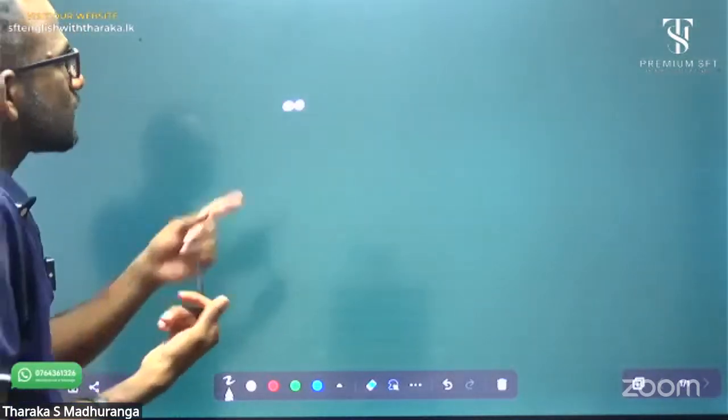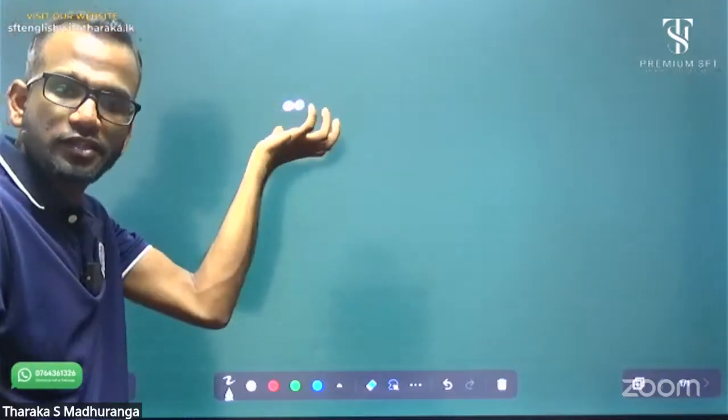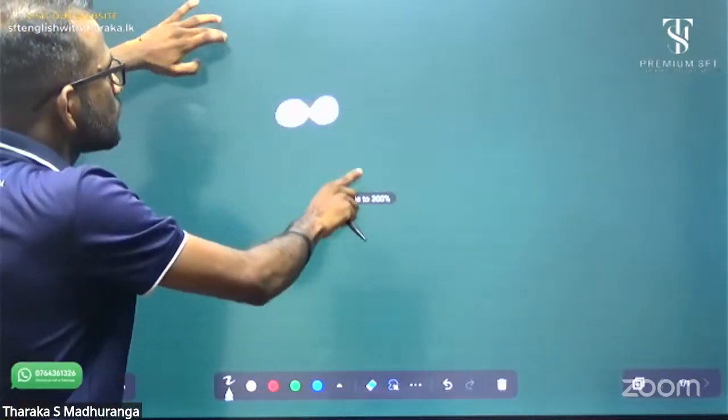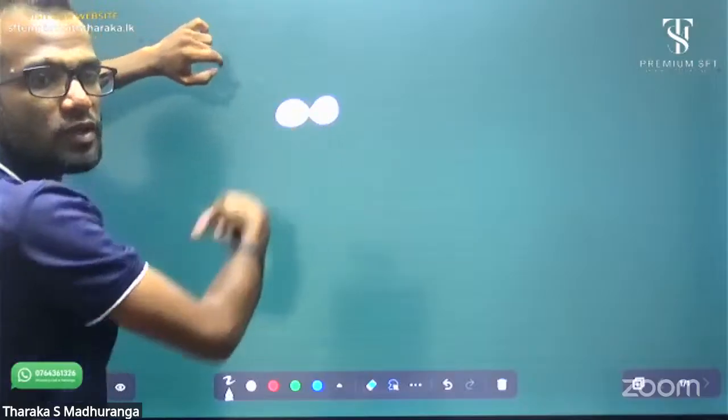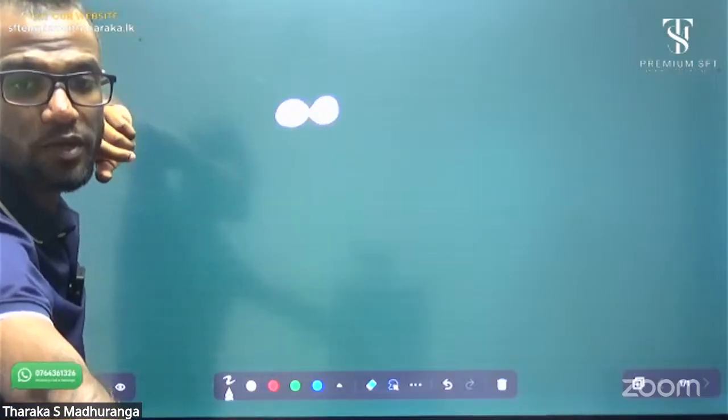No gaps, right? They just look touching. But if we zoom in, there is a very small gap.